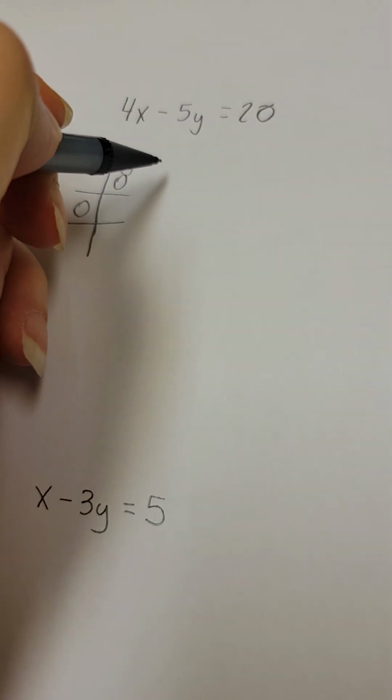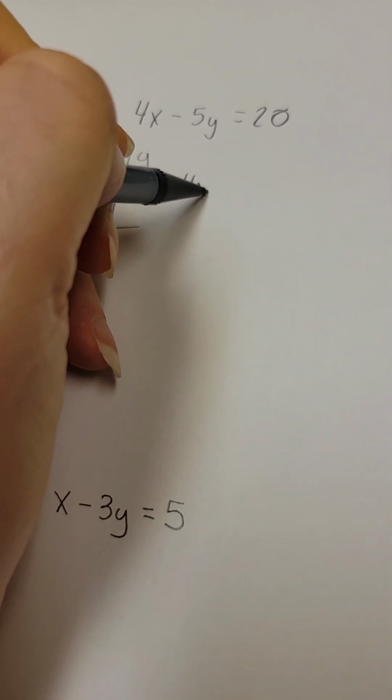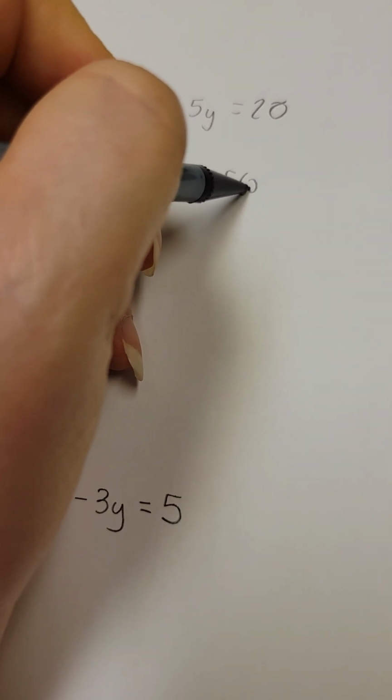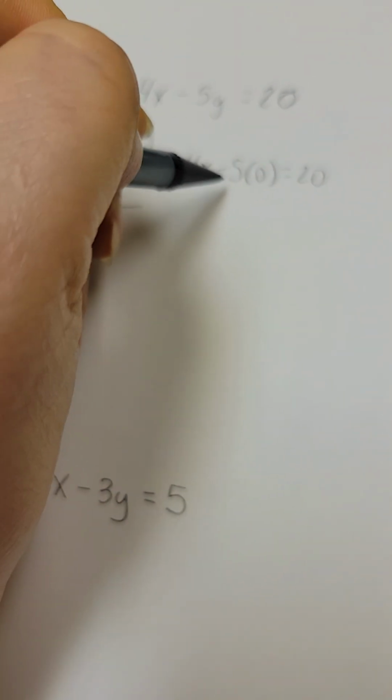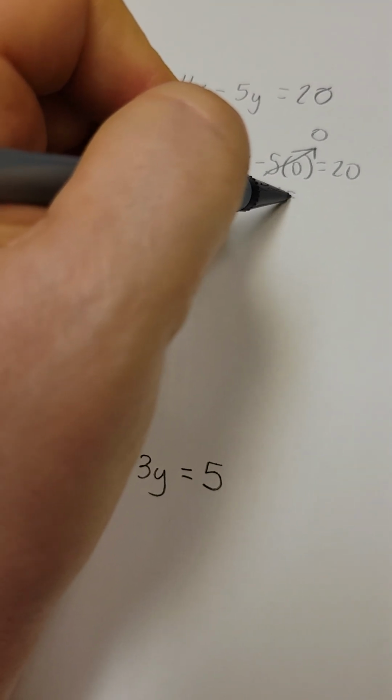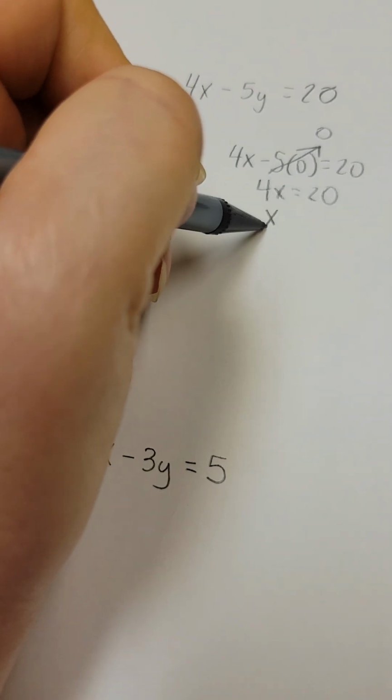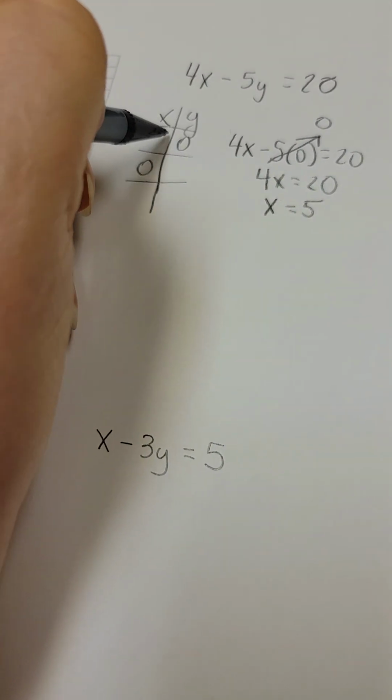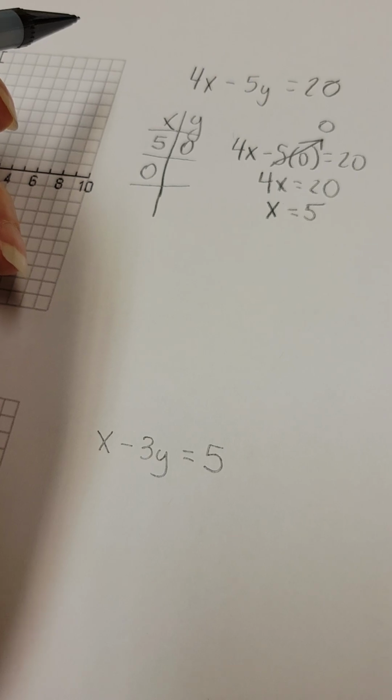So we're going to put 0 for y and 0 for x. So we're going to say 4x minus 5 times 0 equals 20. That goes to 0. So 4x equals 20. X equals 5. Okay.